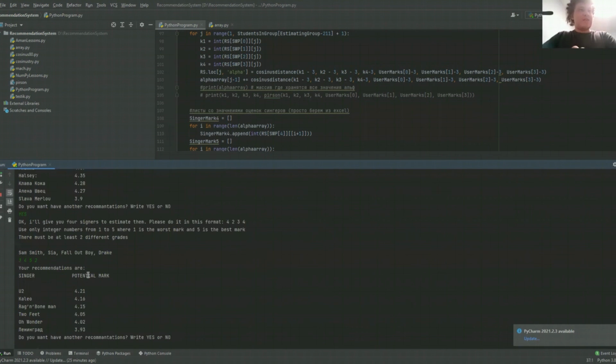My recommendations are like this. Do you like your recommendation? Leningrad will be more in the middle than last, but it's okay. Cool. Okay, so it seems it works quite well for such a simple thing. Great, thank you very much.